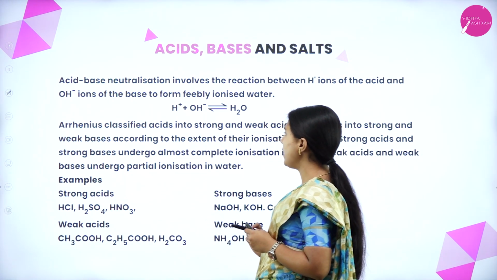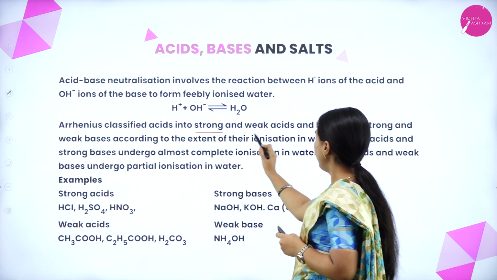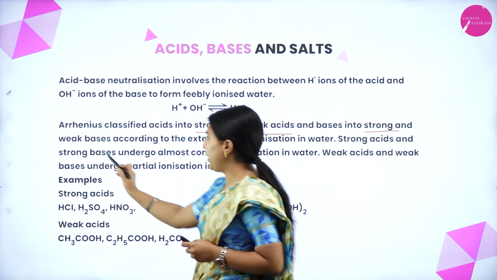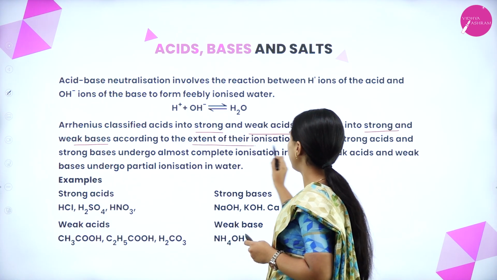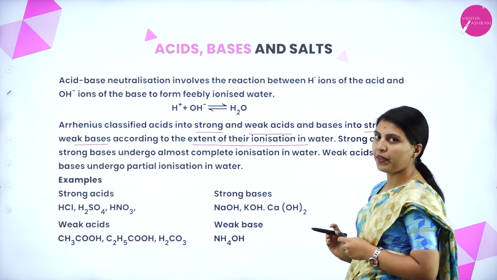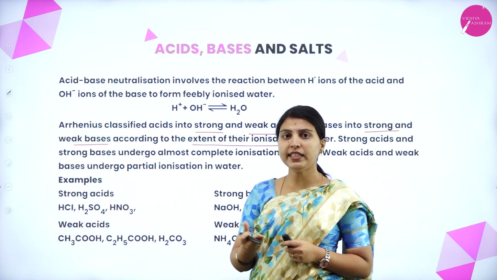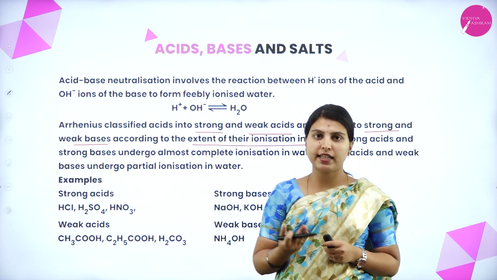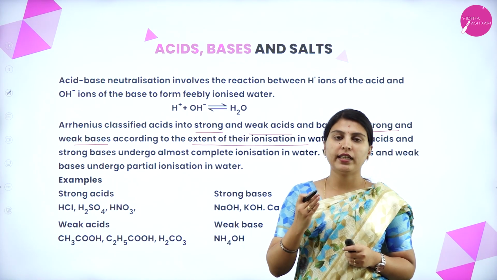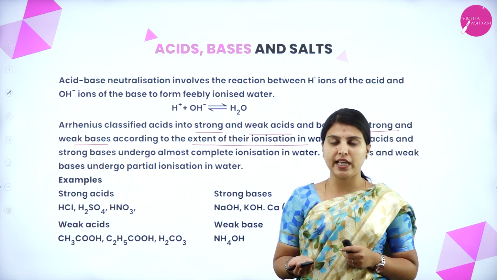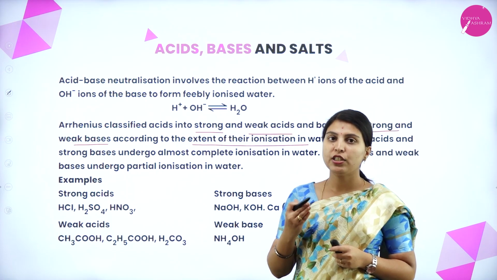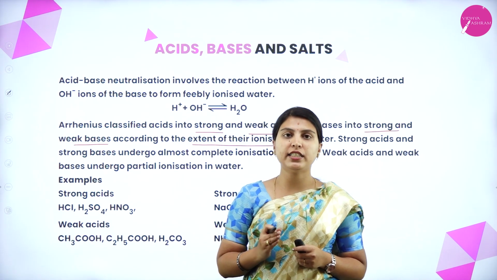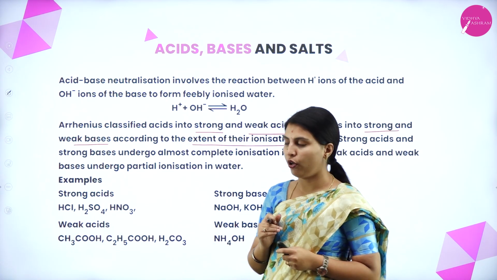Arrhenius classified acids into strong and weak acids and bases into strong and weak bases according to the extent of their ionization in water. What did Arrhenius do? After telling about acids and bases, he classified acids as strong acids and weak acids, also bases as strong bases and weak bases, based on the extent of ionization in water.